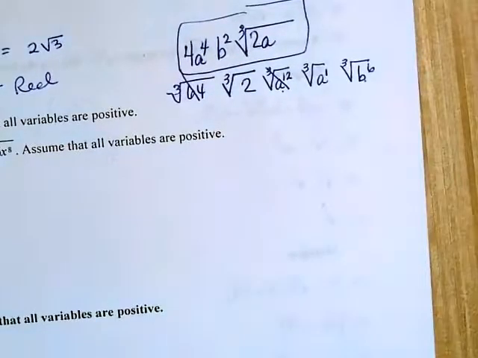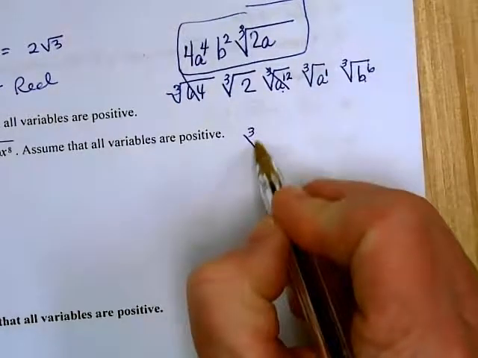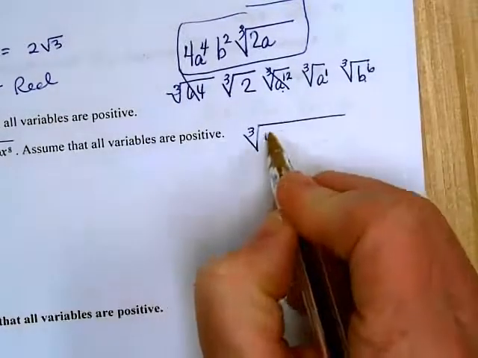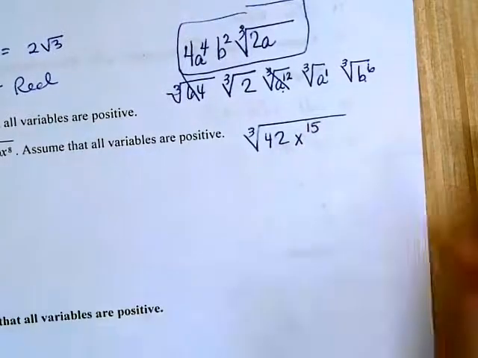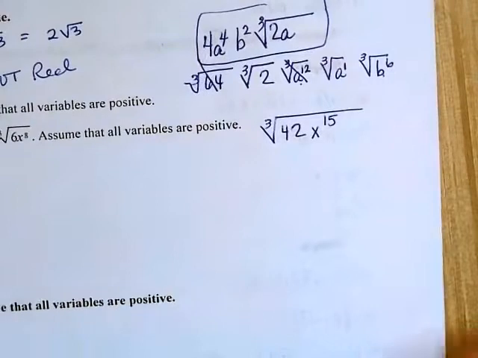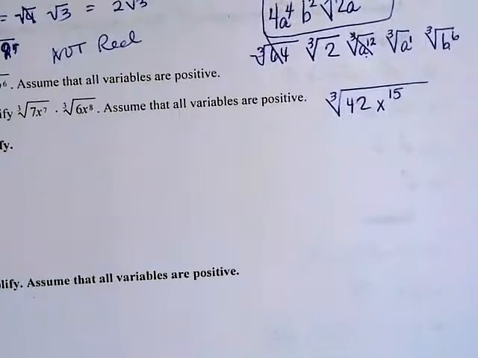Number 9 says multiply and simplify. So we have the cube root of 7 times 6, which is 42. X to the 7th times x to the 8th is x to the 15th. So the cube root of 42 x to the 15th. Is 42 a number that has a cube root?